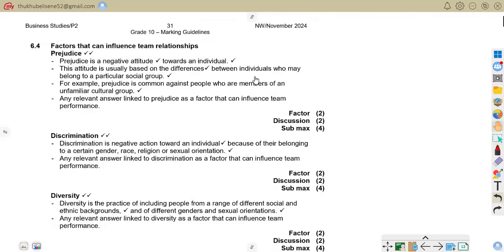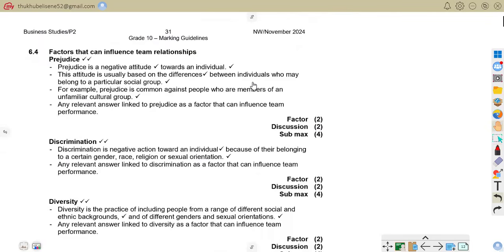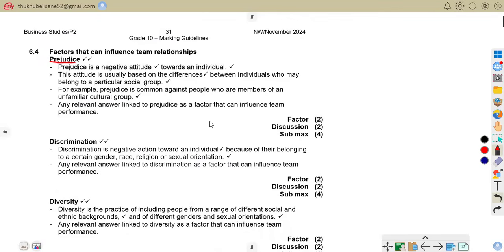So now we are on 6.4. Factors that can influence team relationships. Then we are going to talk about prejudice.